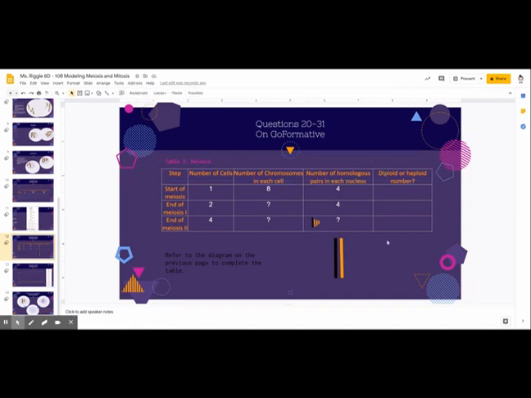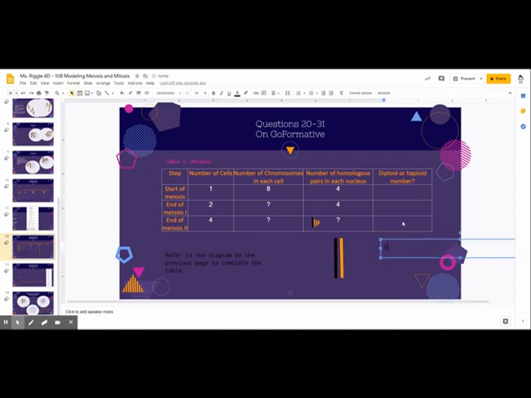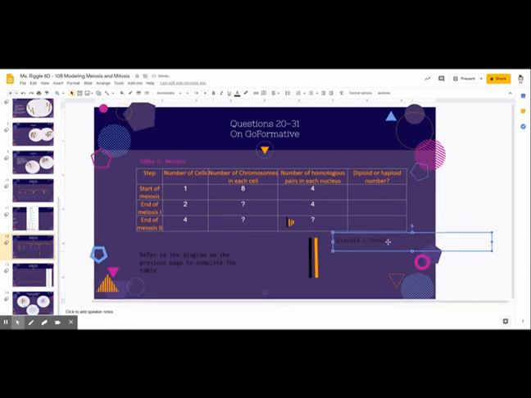So let me go ahead and do a text box here. Diploid equals total number of chromosomes in a body cell. There we go.